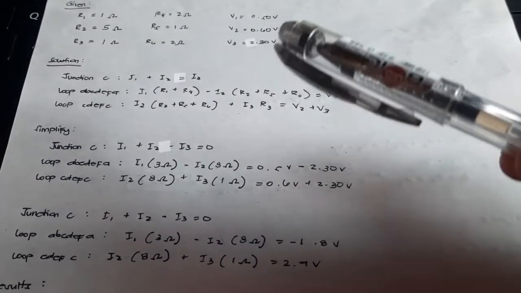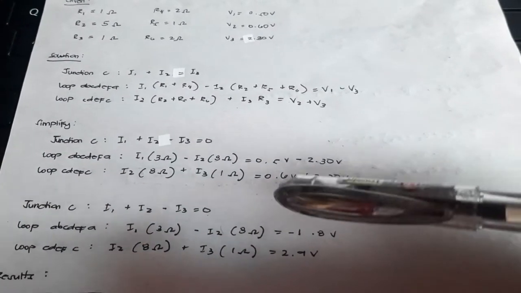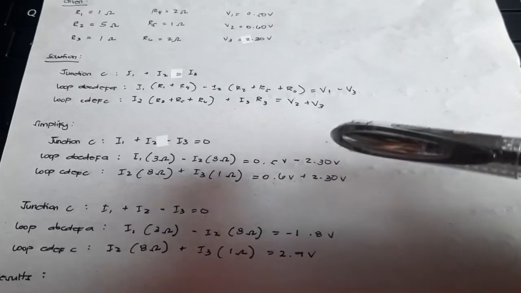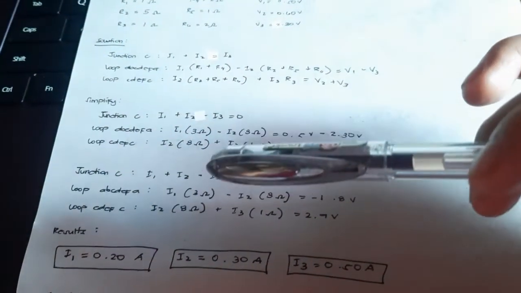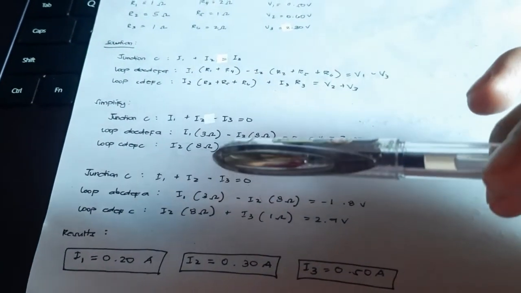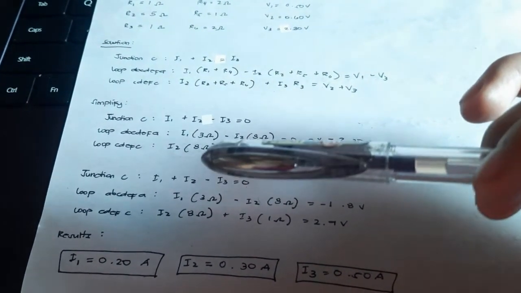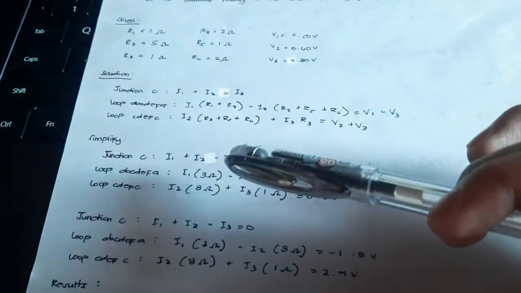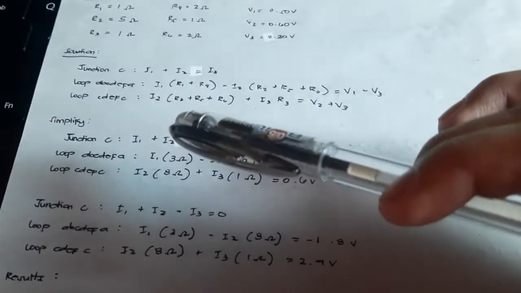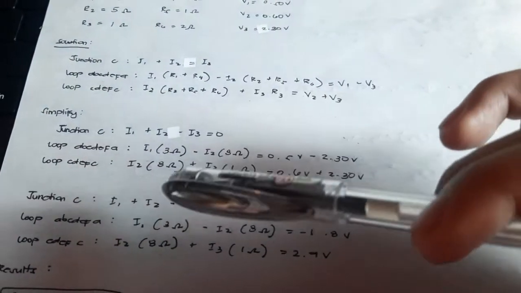Ang atong V1 dayon is 0.5 volts minus ang V3 na to is 2.30. Then ang loop CDEFC, I sub 2, same lang siya, i-add na to ang R2, R5 and R6 in which 8 ohms.